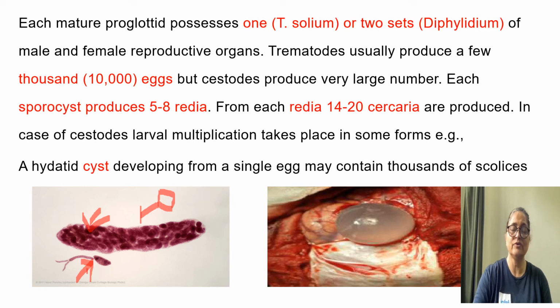So you can understand how advanced and how active the reproductive system is. And a hydatid cyst formed by a cestode, Echinococcus granulosus, contains thousands of scolices in one cyst.